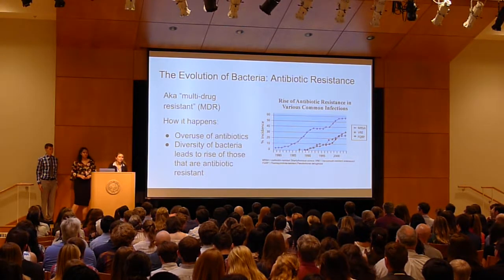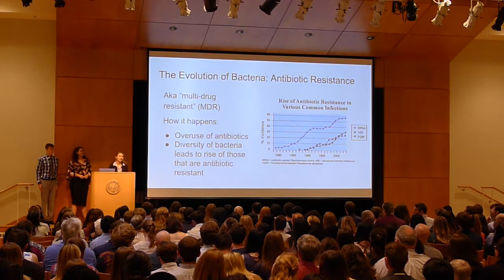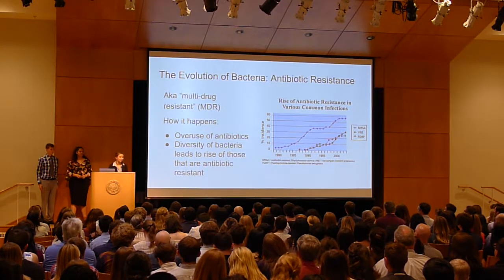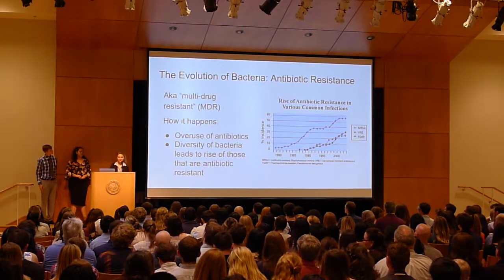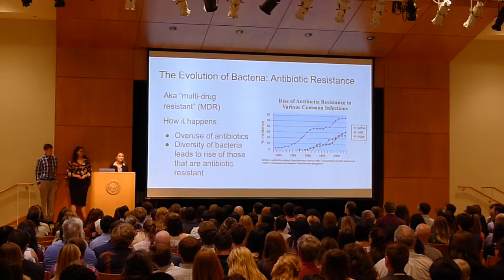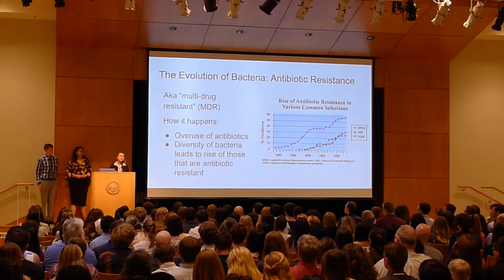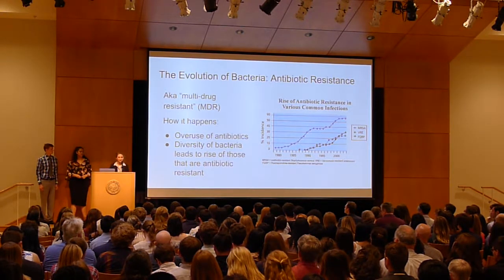There's a big problem in our medical world right now in our modern age that is called antibiotic resistance in bacteria. This can also be called multi-drug resistant bacteria, and this is due to our overuse of antibiotics. We are using the same types of antibiotics over and over and over, and the bacteria that have mutations that allow them to be resistant to our antibiotics survive, and therefore they're more prevalent in our bacterial population.